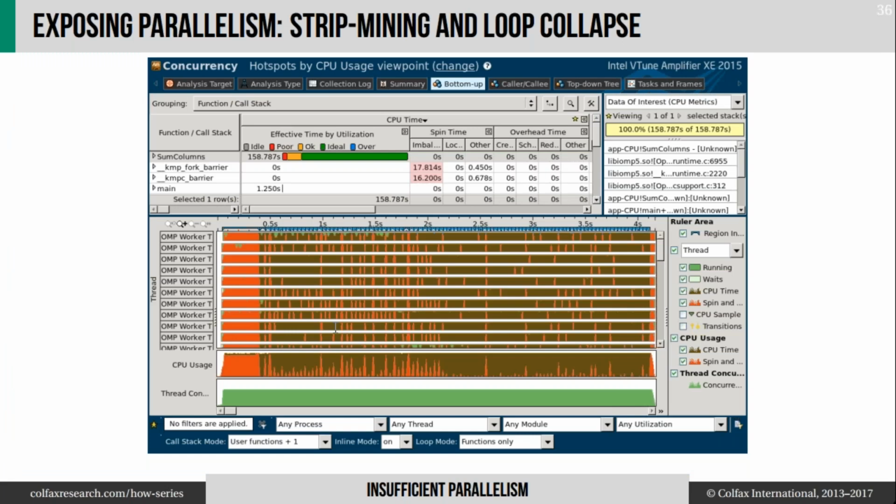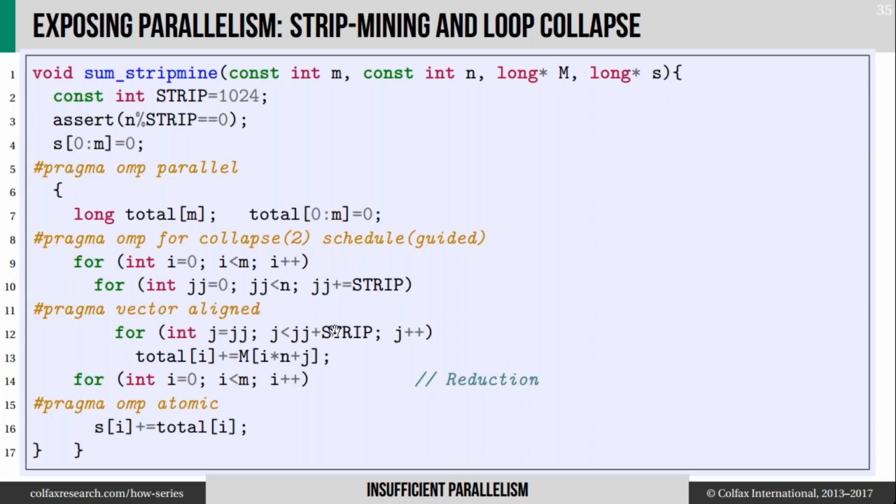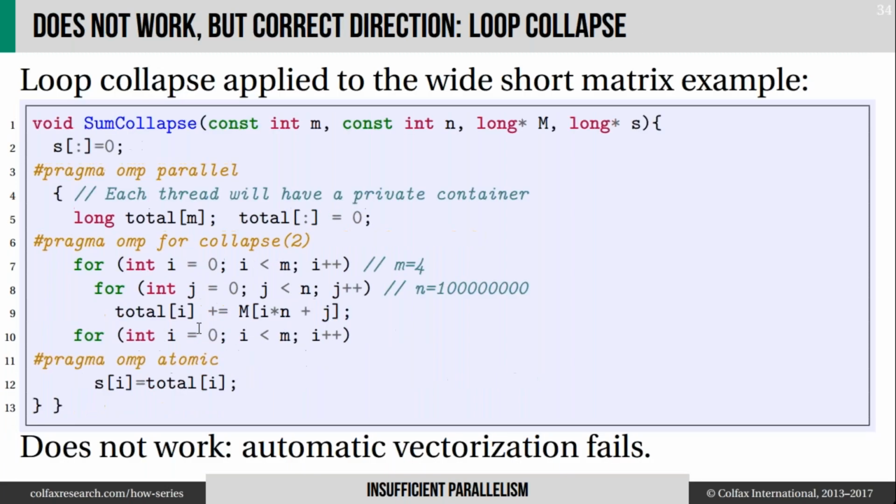My slides show the results. Yeah, this is what I did when I definitely saw that there's no vectorization. Remember I said that I did it differently: loop collapse kills vectorization. This is what I did.